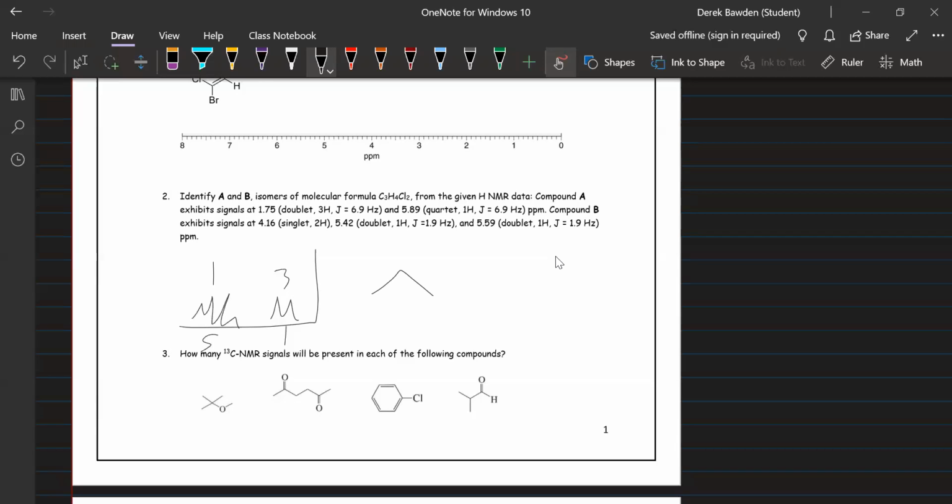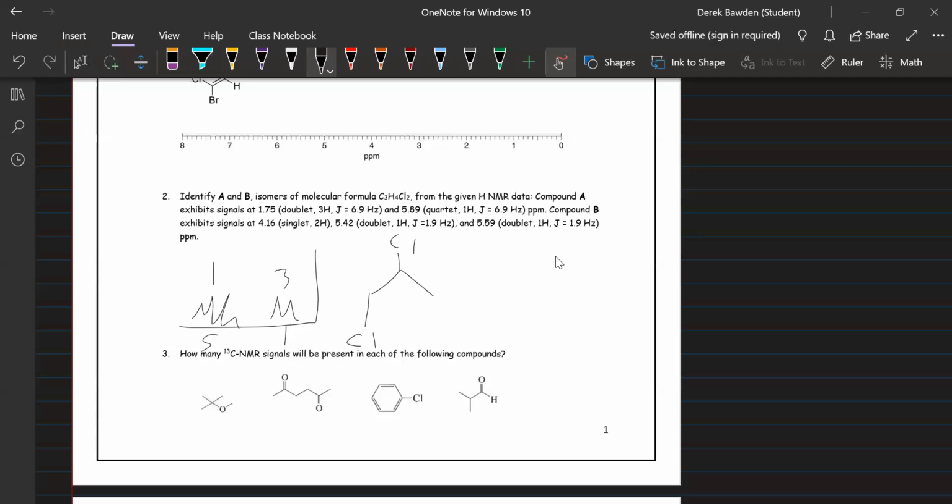So I would think we would have probably a chlorine like this. Let me think. If we did that, then there wouldn't be another signal. Let's think through this. Does anyone have any ideas?